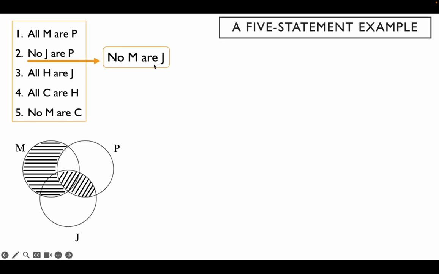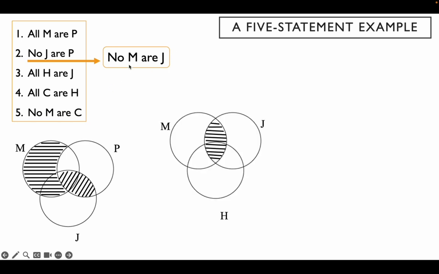Now, no M are J is going to be the conclusion of the first syllogism that we derived from diagramming the 2 premises, and it becomes the first premise of the next syllogism. So we need, again, 3 more circles.